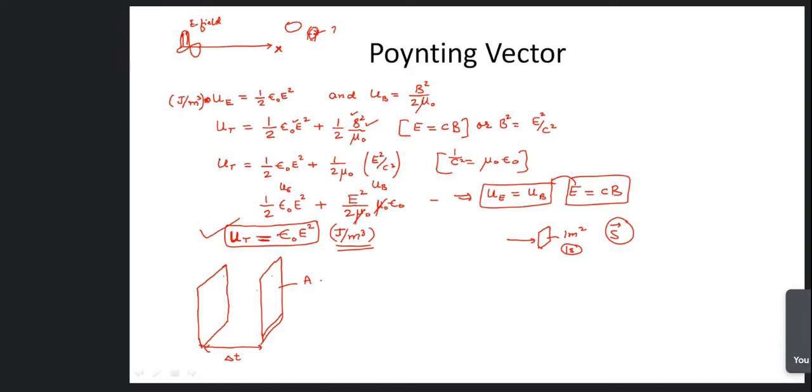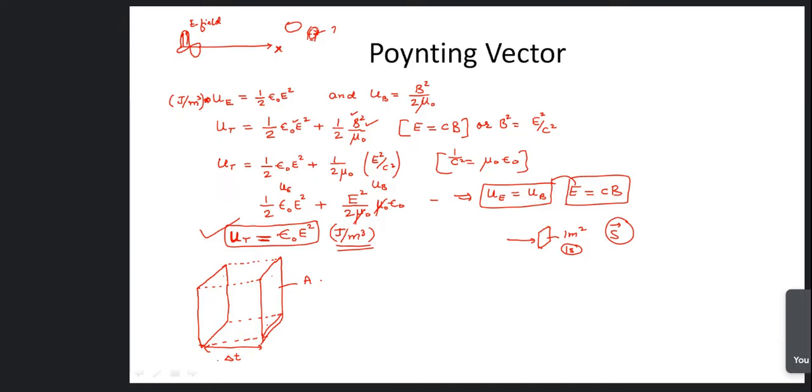So for the region between these two plates, I can find the volume. The volume of this region is the area of cross section, that is this area, times the distance between the two plates. The distance is not known, but I know the time taken by the electromagnetic wave to move from one plate to the other, which is delta t.